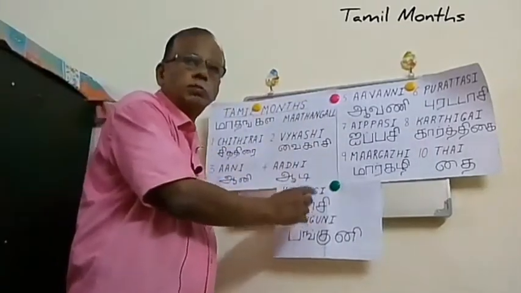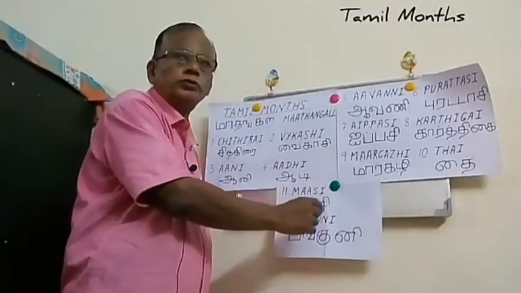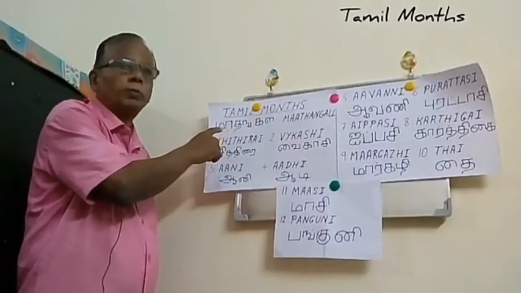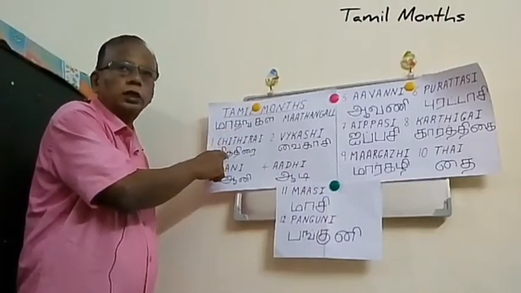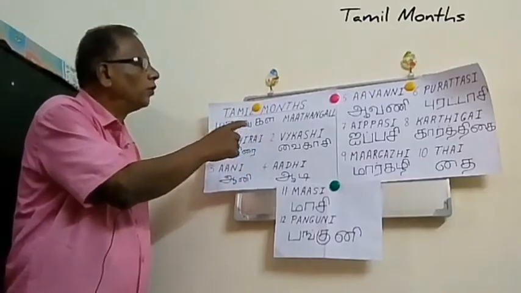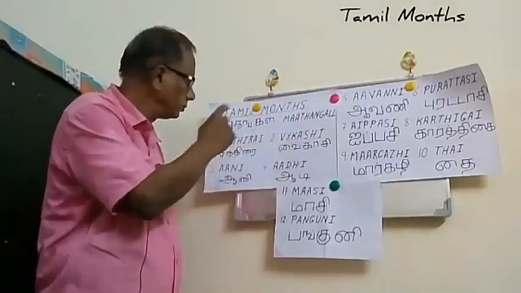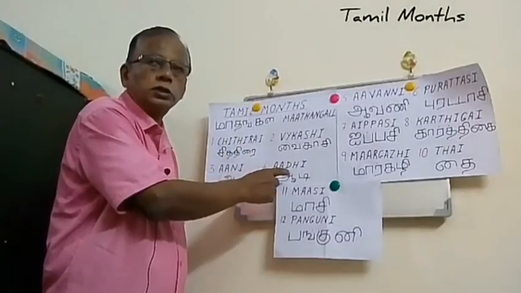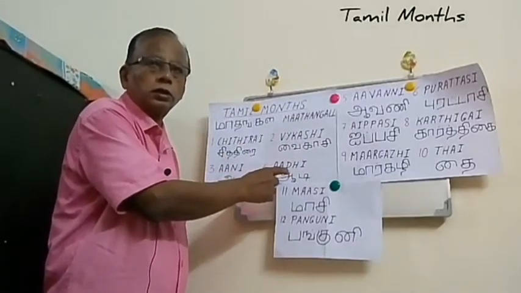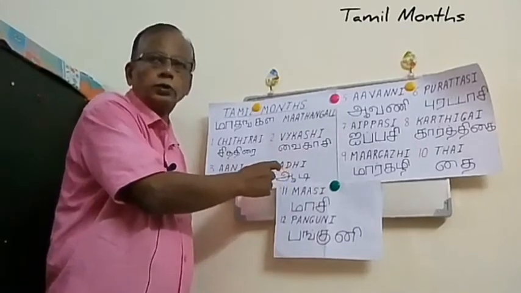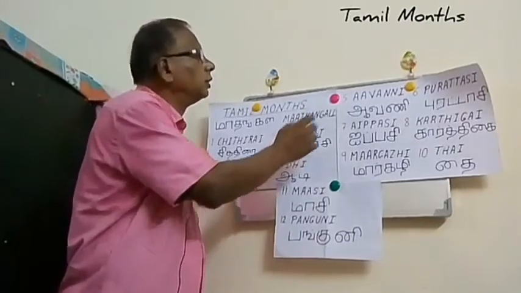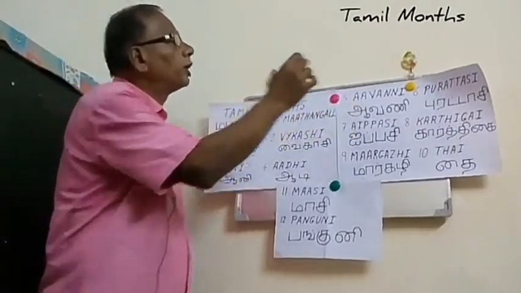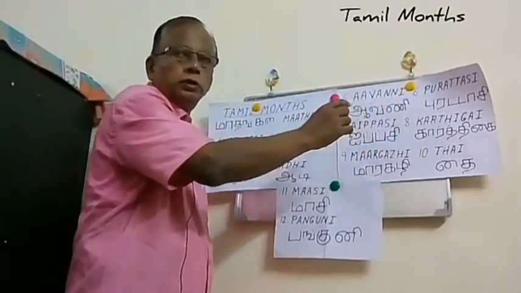And Mashi is Magh, and Panguni is Phalguni. So I repeat once again. Madangal means months. Chittirai is Chaitra. Vaikashi is Vaishak. Ani is Jesht. Adi is Ashad, the Pandharpur one I told you. Avani is Shravan Mahina. Purattasi is Bhadrapad.